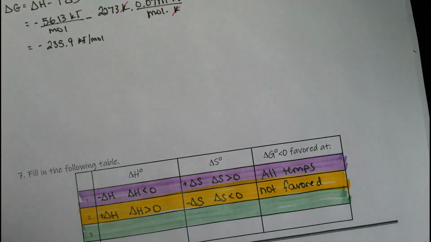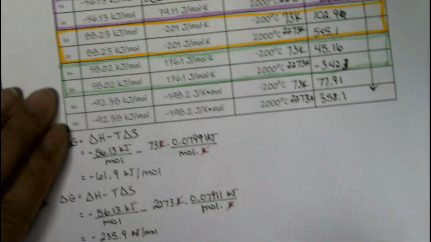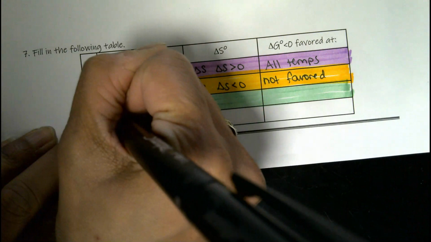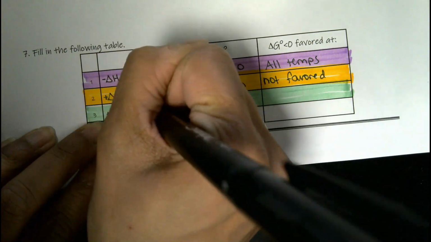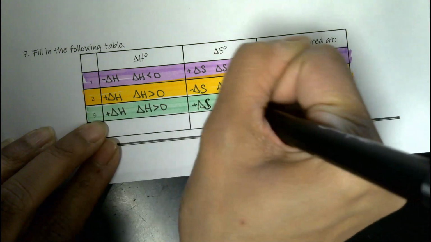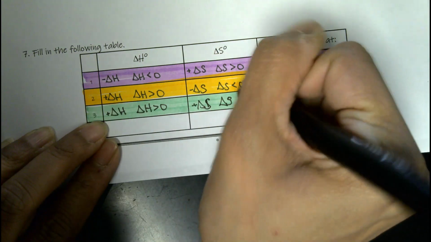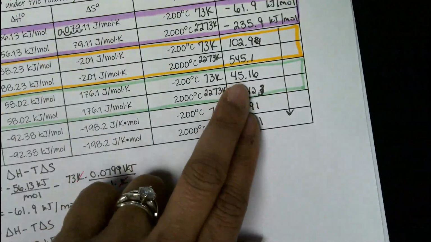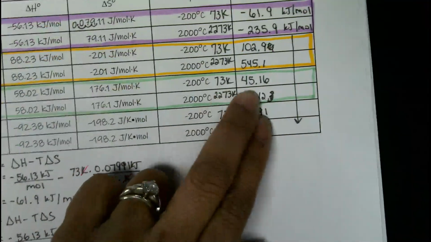Right. So number 3, 3A and 3B, delta H was positive and delta S was positive. So positive delta H was greater than 0. We had positive delta S was greater than 0. And looking at this, we can take a look at low temperatures.